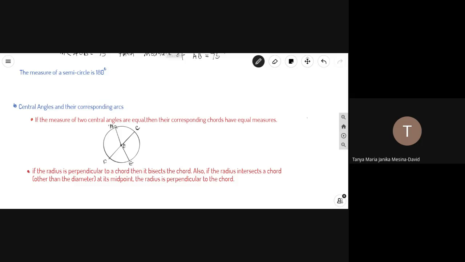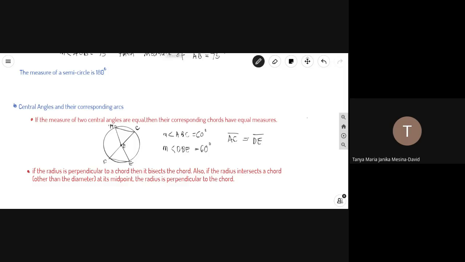So if I draw a chord connecting the two points, AC and DE, and for example, the measurement of angle ABC is equal to 60 degrees, and the measurement of angle DBE is also 60 degrees, then we can say that the measure of AC is equal to the measurement of DE.